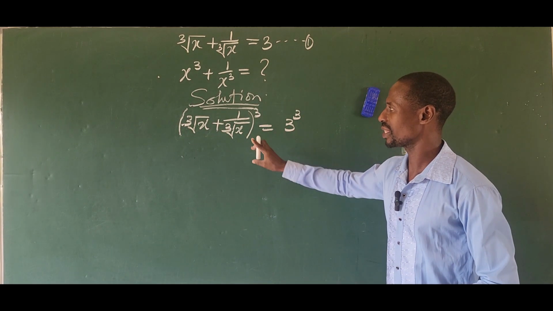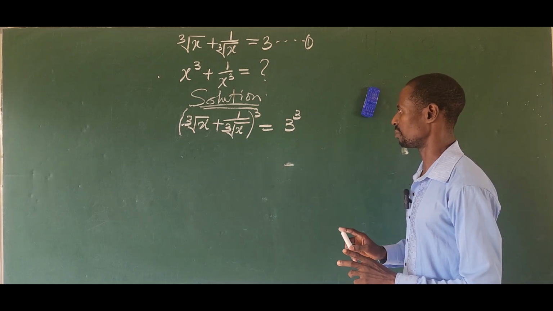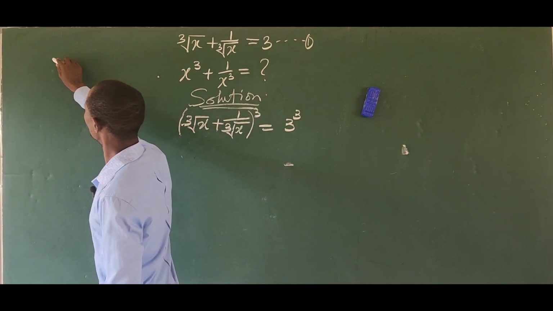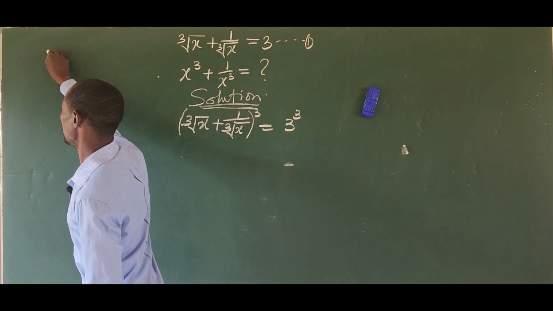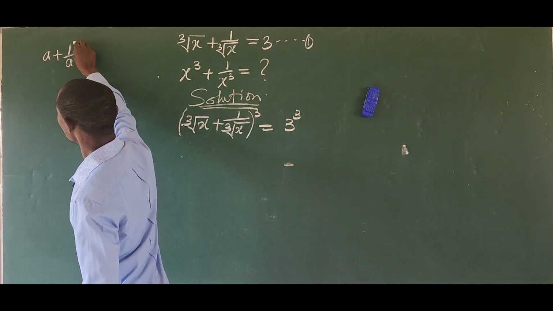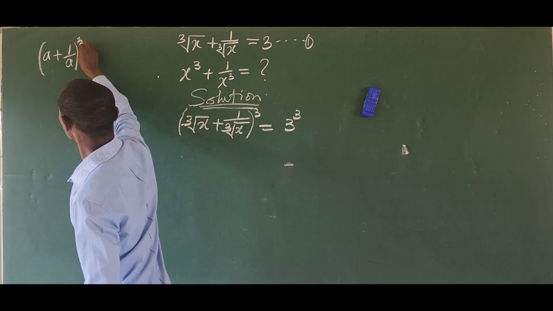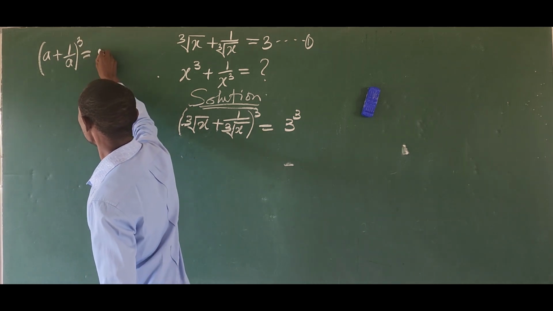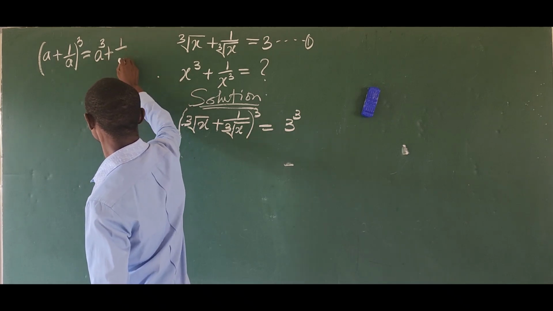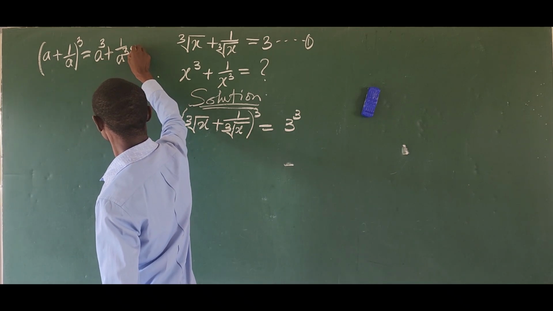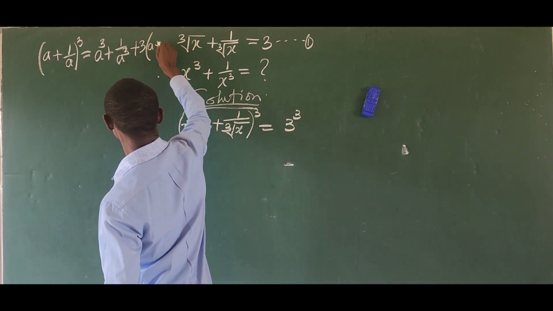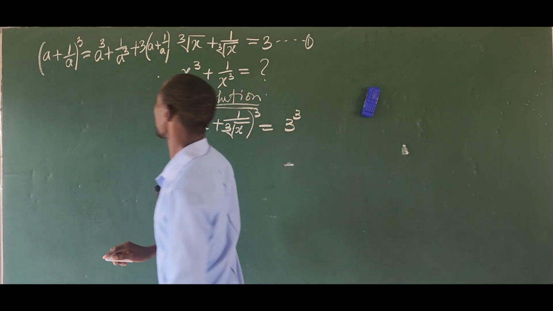Okay? Now, we just have to bring out an algebraic identity. We know that if you have a plus 1 all over a, all raised to the power of 3, this is going to give us a to the power of 3, plus 1 all over a to the power of 3, plus 3 bracket a plus 1 all over a, close bracket.